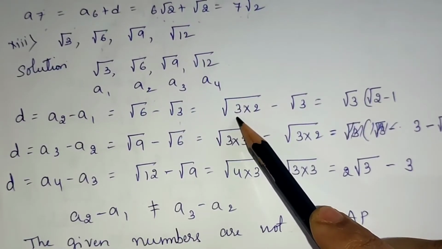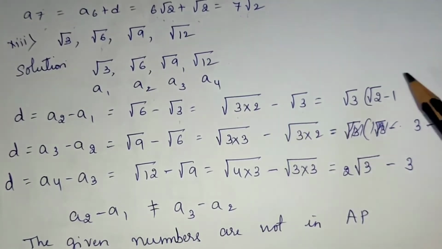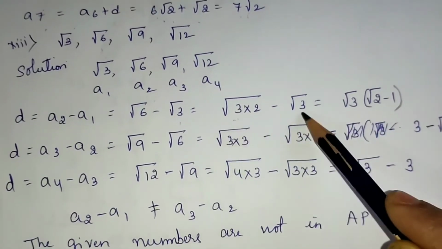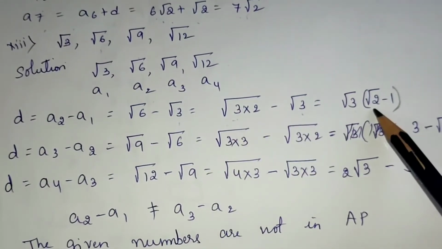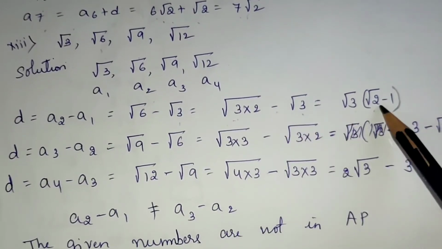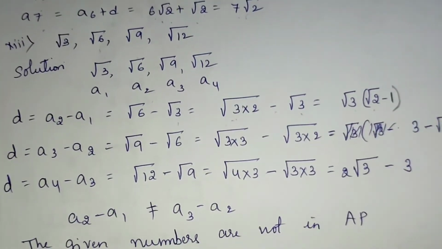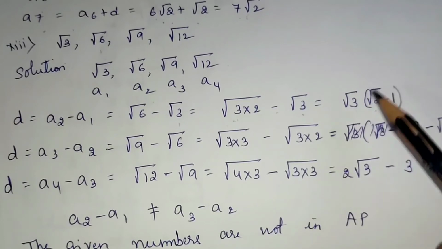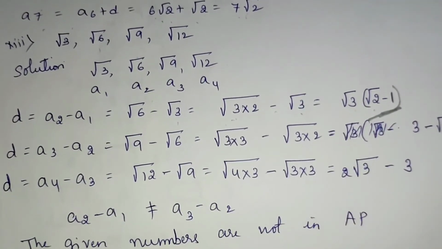Root 6 can be written as root 3 into 2 and root 3 as it is. Here take root 3 as a common. If you take root 3 out, you are left with root 2 and minus as it is. Already root 3 is taken out, you are left with 1 here. Now root 3 into (root 2 minus 1) is the common difference.